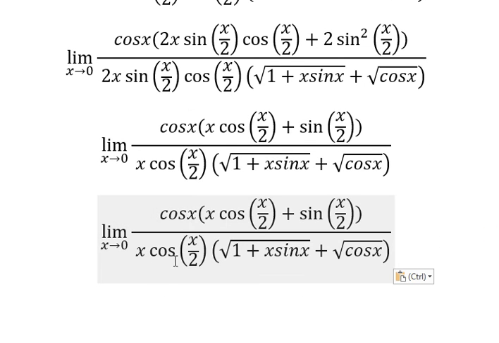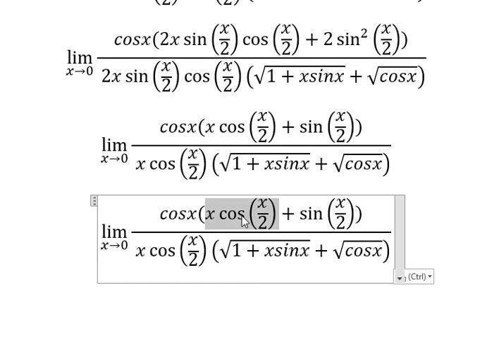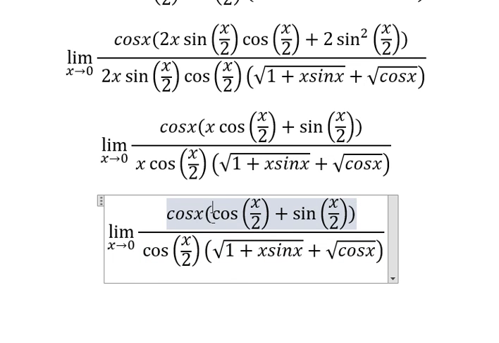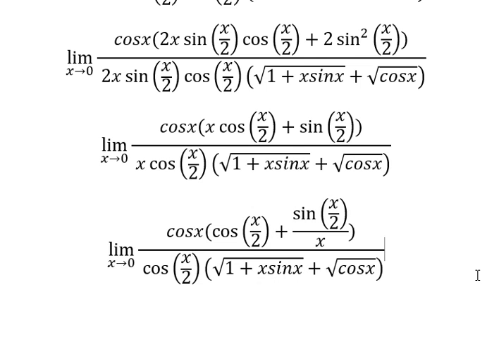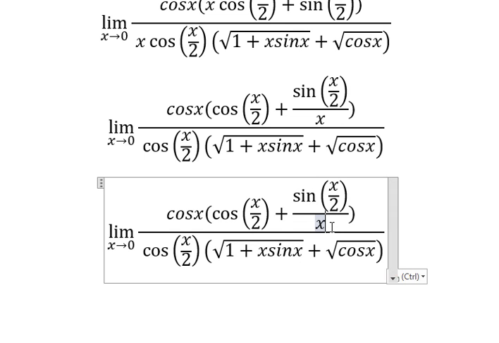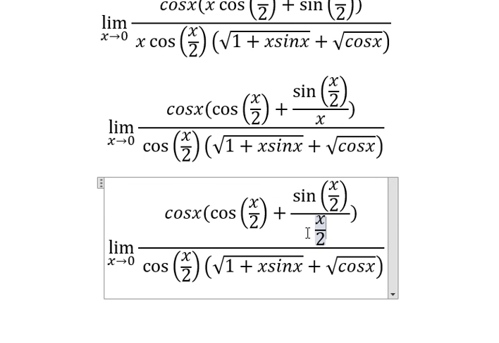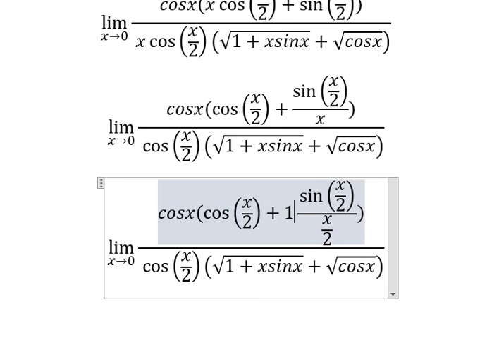Next, simplify this one and divide by this one. Next, I will put number 2 in here. That means we have another number 2 in here.